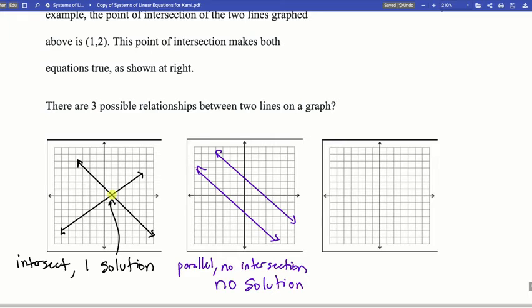So that's possible. There's only one more possibility. And it's going to look really weird on this graph when I do it. But try to follow along with me here. So I am going to make two lines. So here's one line. But I'm going to put another line right here.